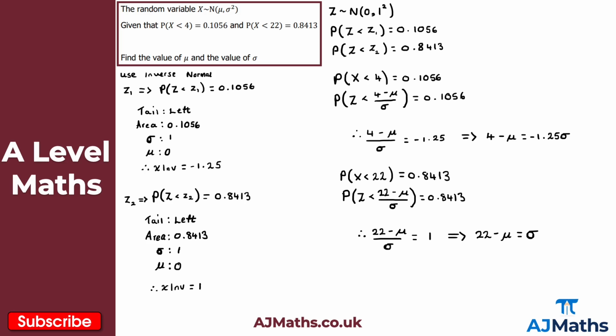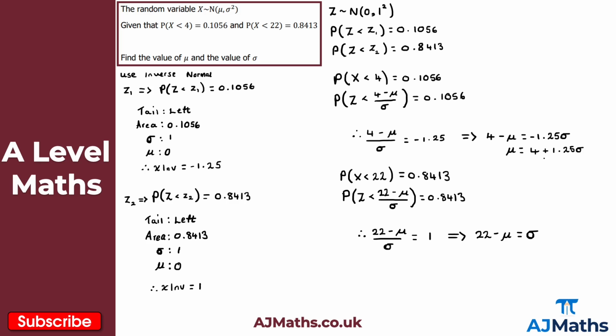So now it's up to you how you go about solving this here. Whether you do substitution, whether you do elimination, either method's fine. So if I make mu the subject here for both of these, okay, so in that case then mu is equal to 4 plus 1.25 sigma.